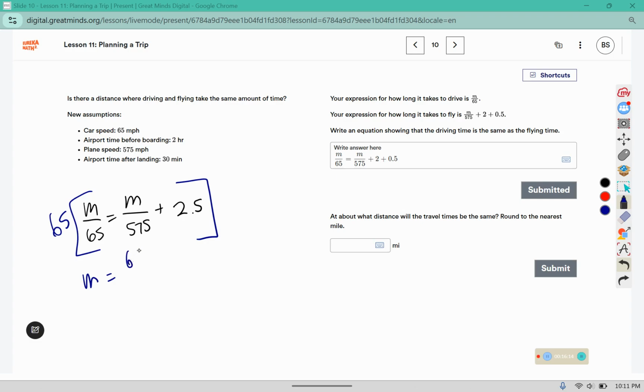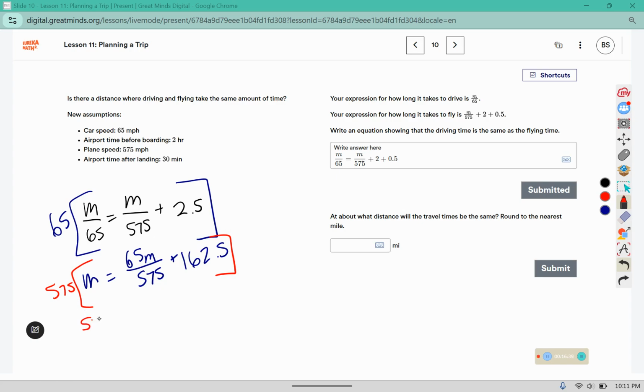And this will be 65m over 575. And I also need 65 times 2.5, which is 162.5. Then if I multiply that whole equation by 575, that'll eliminate this denominator.